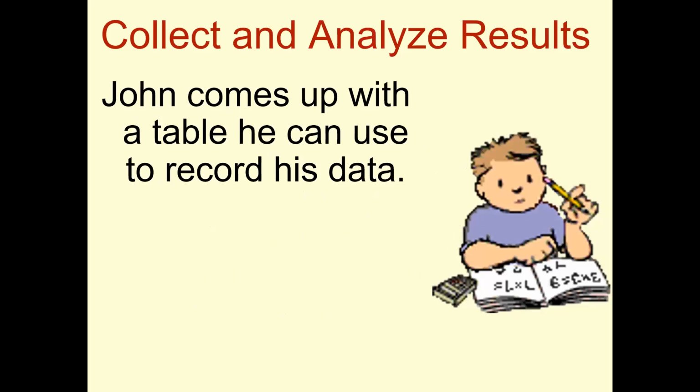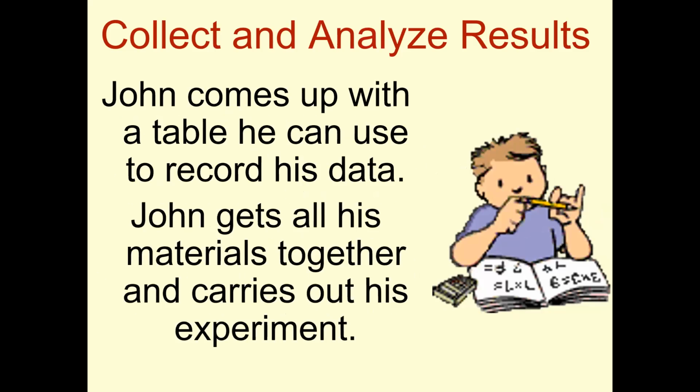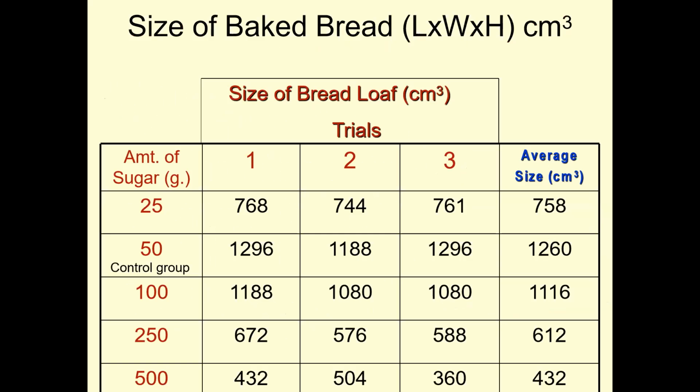So he now creates a table, carries out his experiment, logs all the results into the table, and this is what it looks like. If you pay careful attention to the average size versus the amount of sugar, the grandma's 50 is 1260.